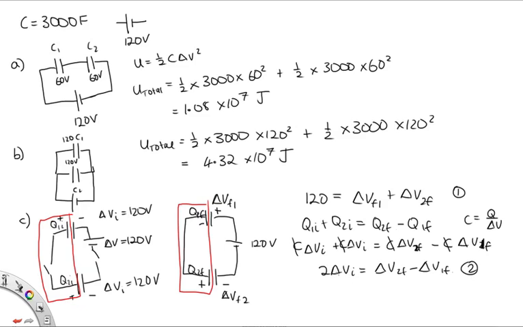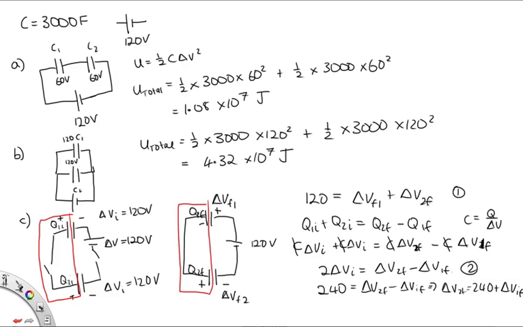What we can do now is we know that the initial voltage is 120 volts. That's what we're told over here. So we've got 240 is equal to delta V2F minus delta V1F. So we can rearrange this to give delta V2F is equal to 240 plus delta V1F.